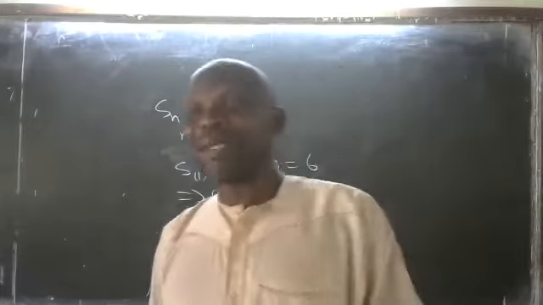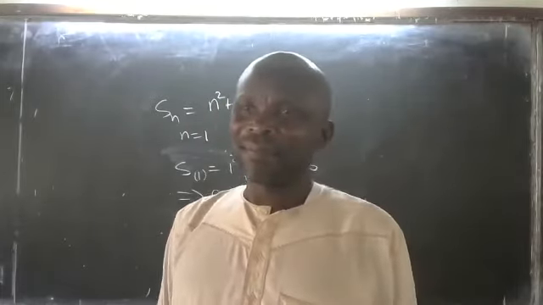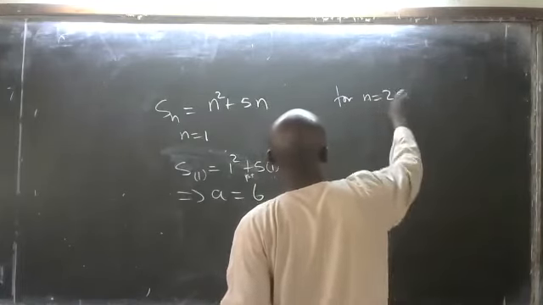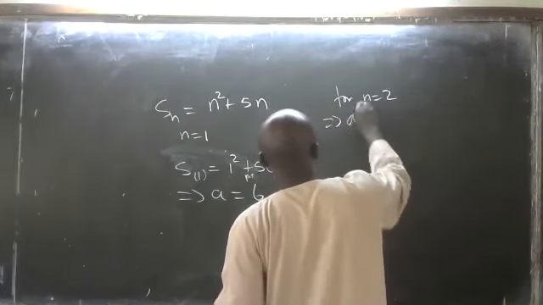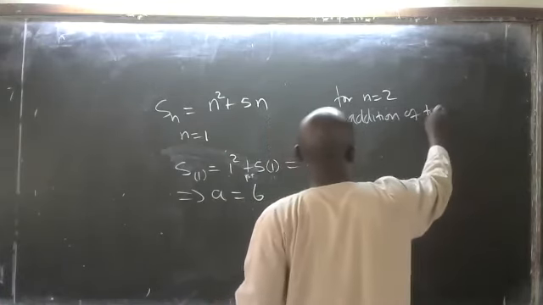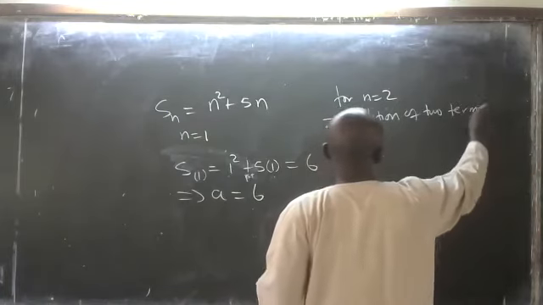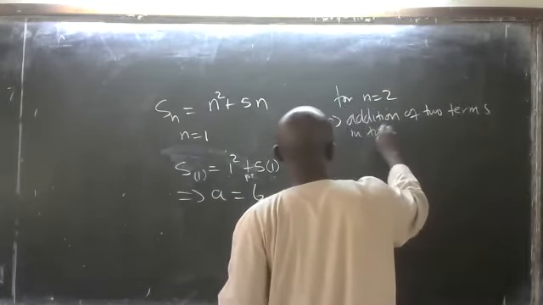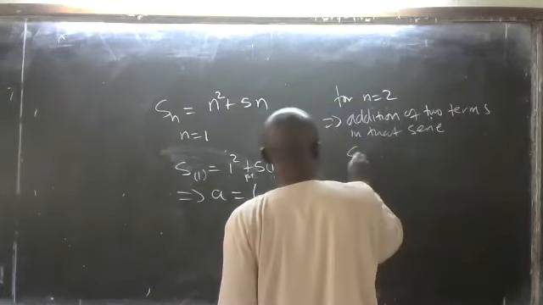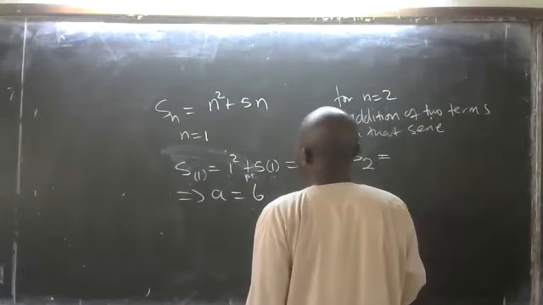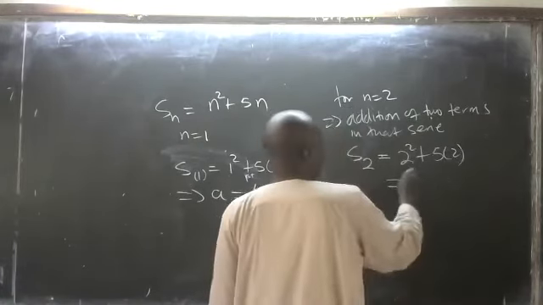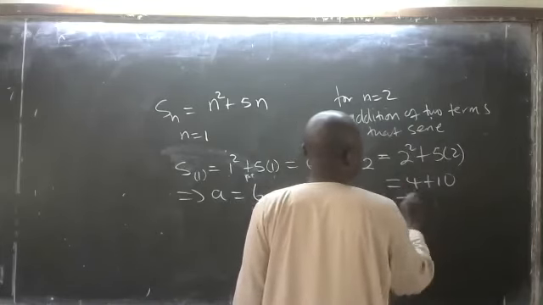But when n is 2, it means you're adding 2 terms. For n equal to 2, it implies addition of 2 terms. So if I say S2, this is equal to 2 squared plus 5 times 2, and I get 4 plus 10, which is 14.